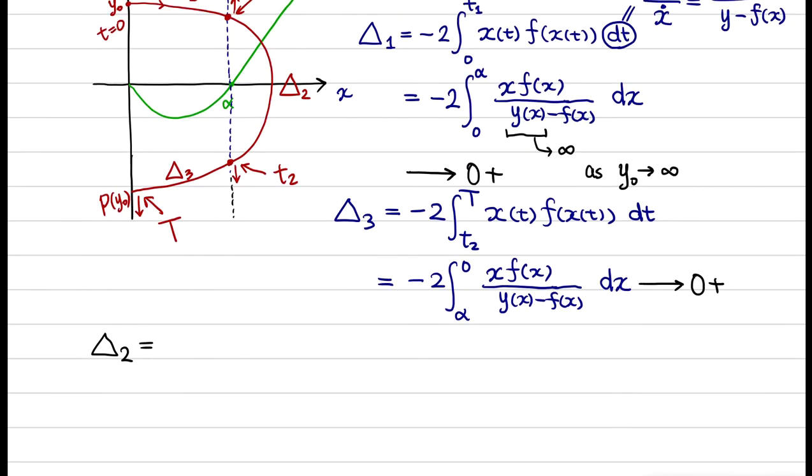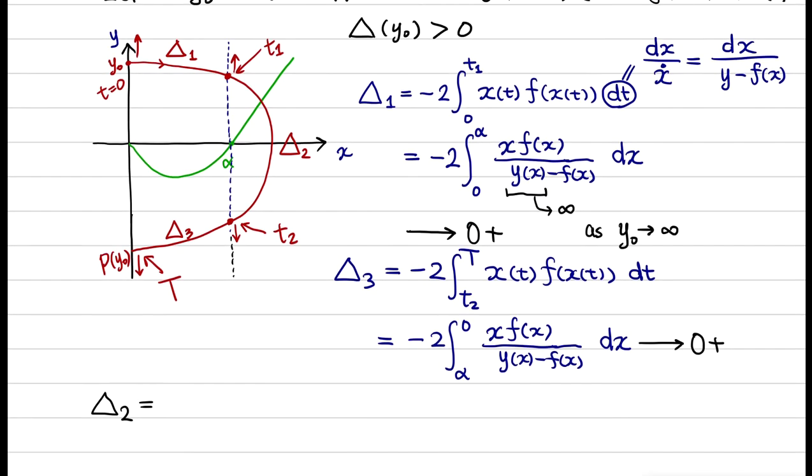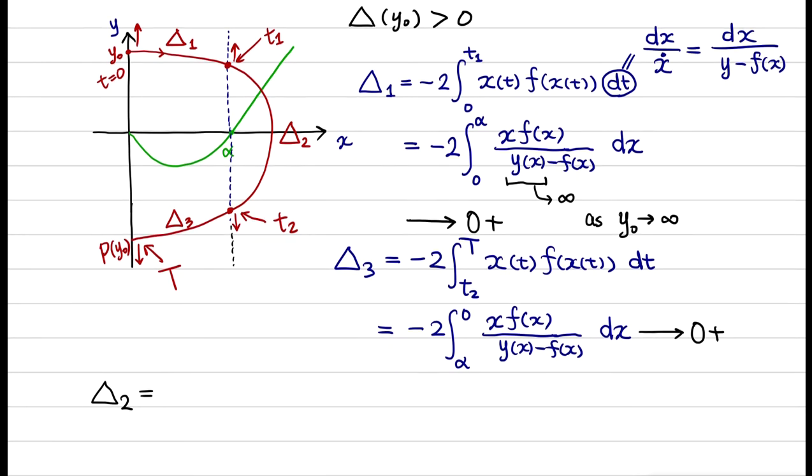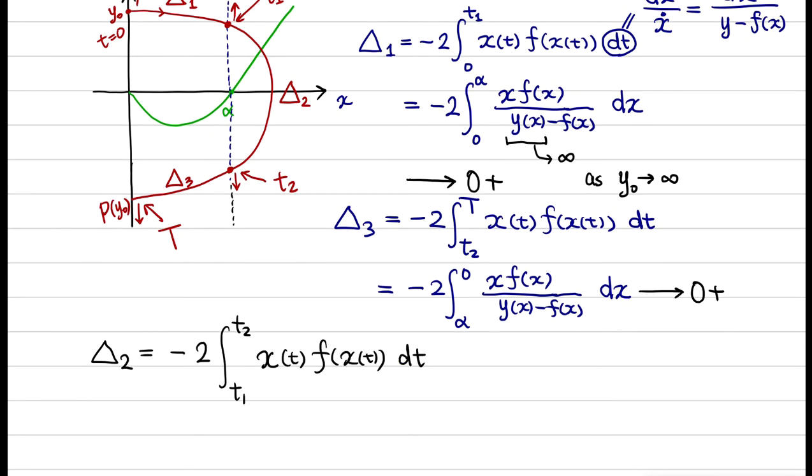Finally, let's look at delta 2, which is the integral from t1 to t2. And this time I will change dt in terms of a dy integral. It will be dy over y dot. And remember that y dot was minus x, so it will cancel the x in the integrand.